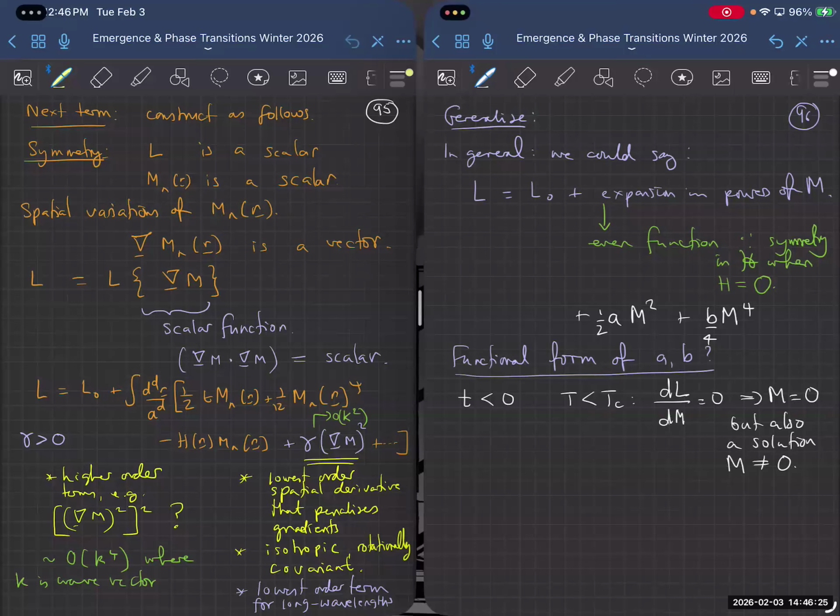So if I differentiate, dL by dm gives me a m plus b m cubed, and that should equal 0.